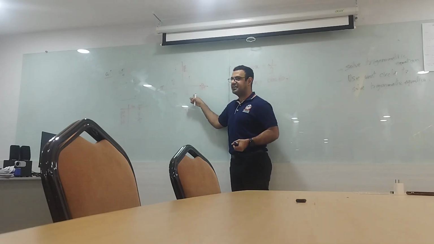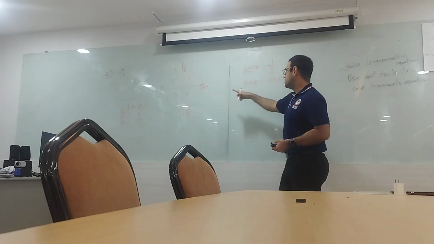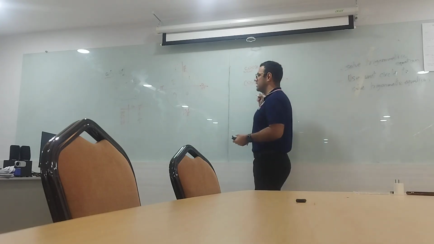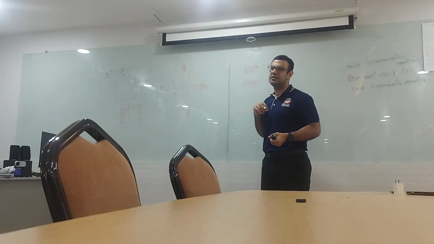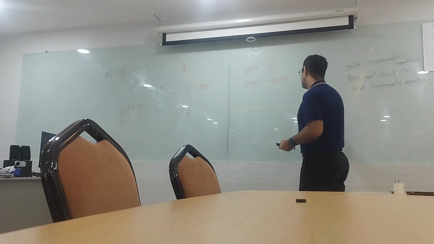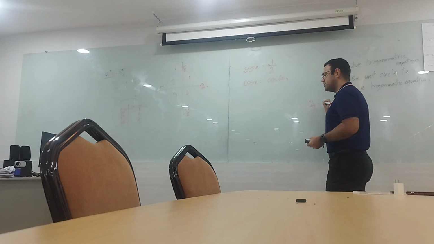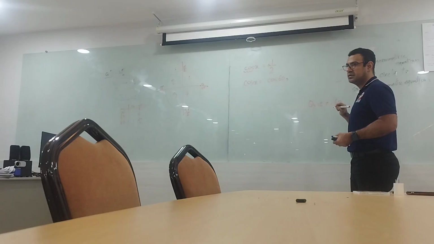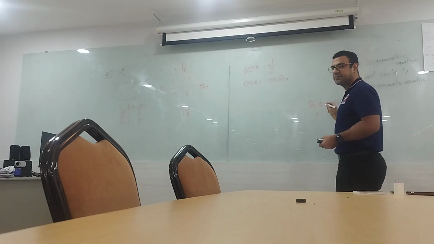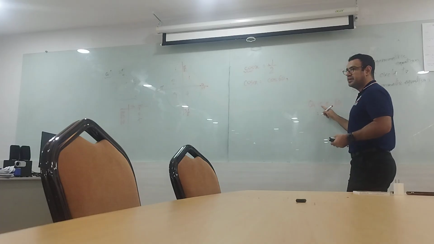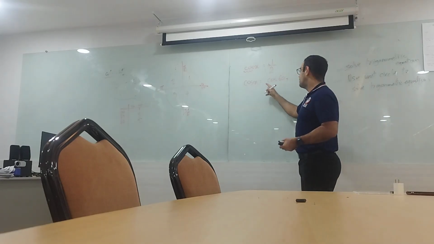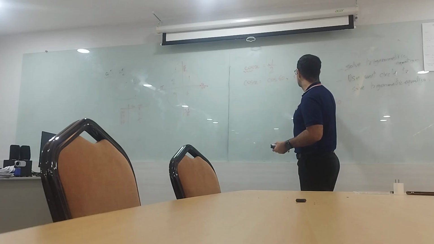All students take calculus. So in Q4, cosine is going to be positive. In Q4 we do 2 pi minus the angle, so 2 pi minus 60. 2 pi is 360 minus 60, so the answer is going to be 300. So I have two answers for cosine x: 60 or 300.